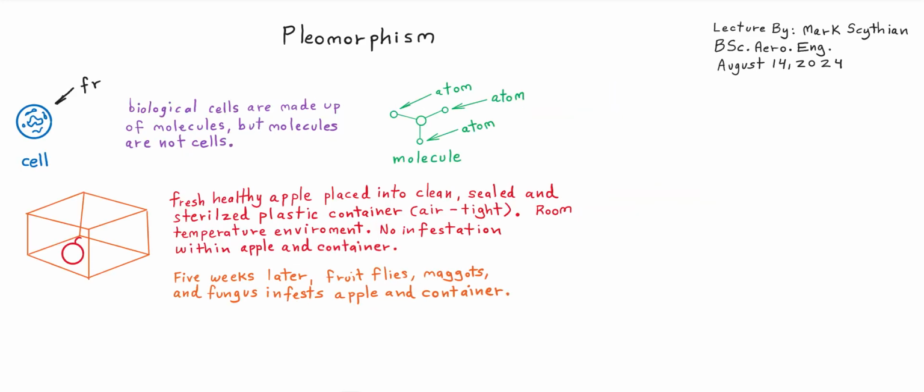So this observation would be an example of pleomorphic transformation, or just pleomorphism. So we have a frequency reduction in that morphogenic resonance around the healthy apple during the rotting process.